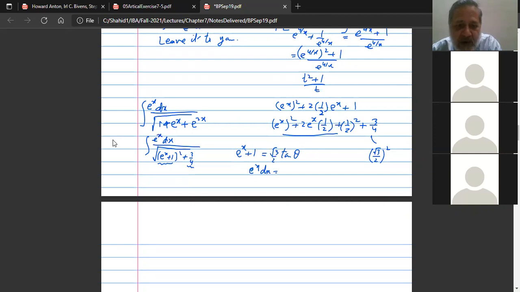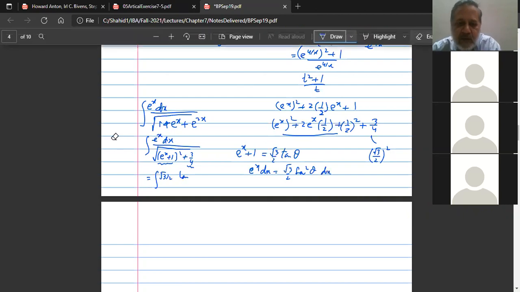So e power x dx becomes root 3 by 2 secant square theta d theta, and this integral now looks like this.